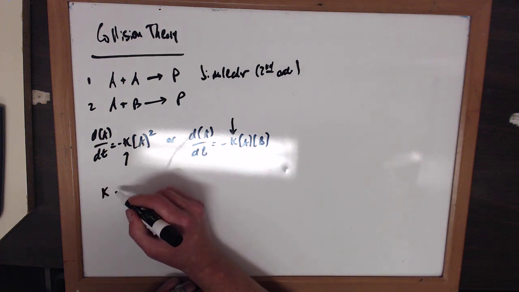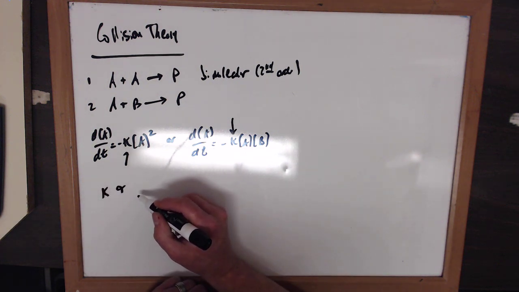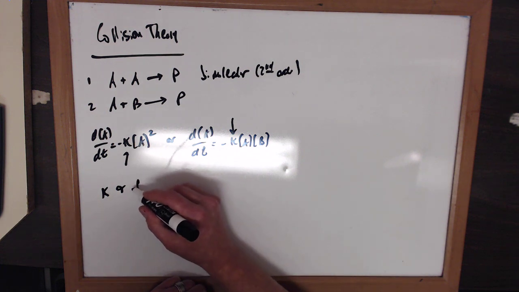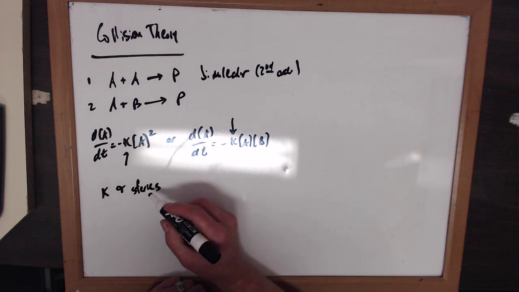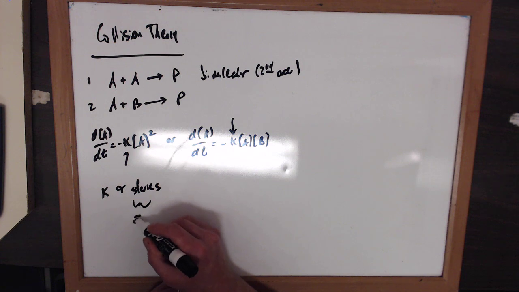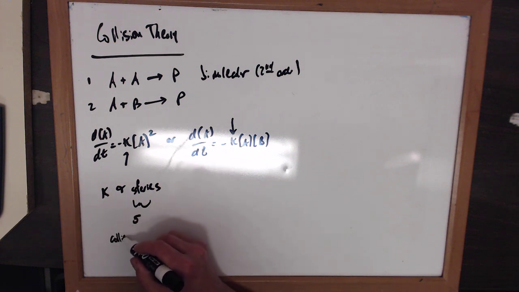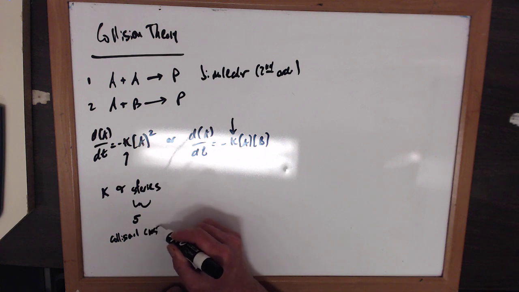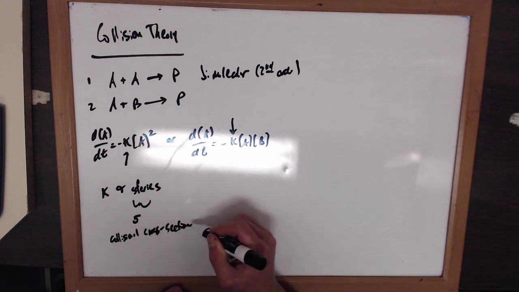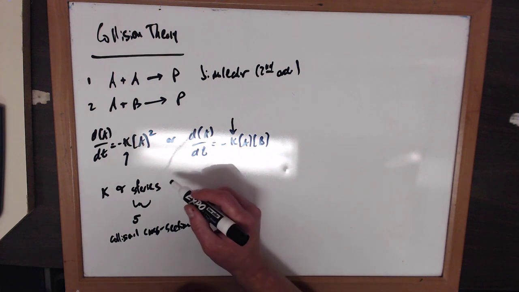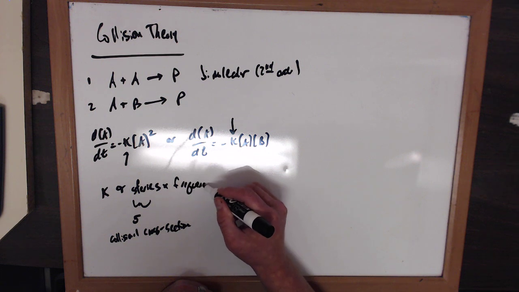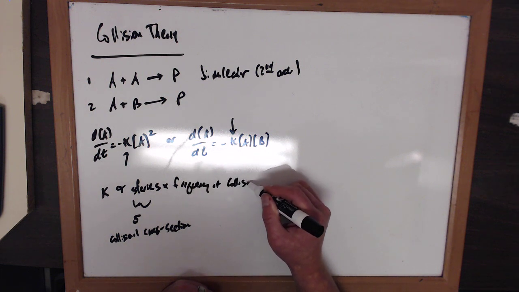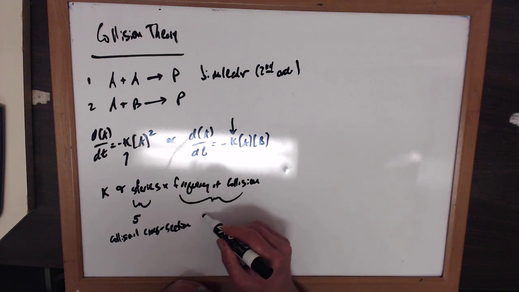And we recognize that the rate constant will be proportional to what I'll define as sterics, which we could think of as, if you recall, this is sigma, or the collisional cross-section. So that's one proportionality for our k. It's also going to be proportional to some frequency of collision. And that's actually going to be proportional to the square root of T over mu.